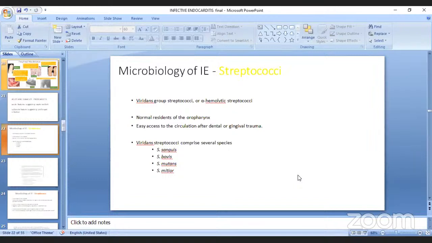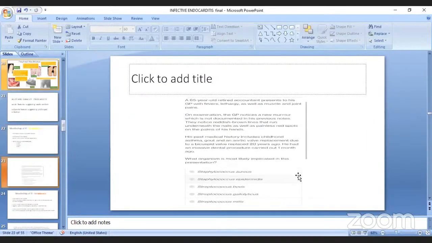You just have to remember that viridans streptococci are normal residents of the oropharynx, and they follow any dental procedure. Whenever your MCQ mentions that the patient had undergone a dental or gingival trauma or any procedure, you know that your answer for that question is Streptococci viridans. You know that. So this is one thing that you have to remember.